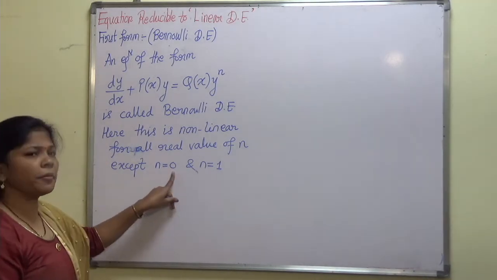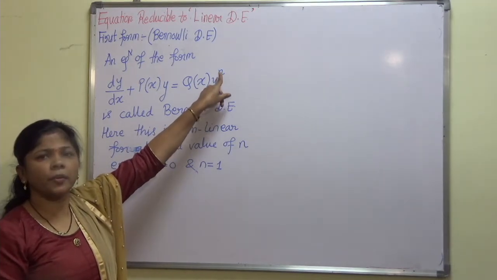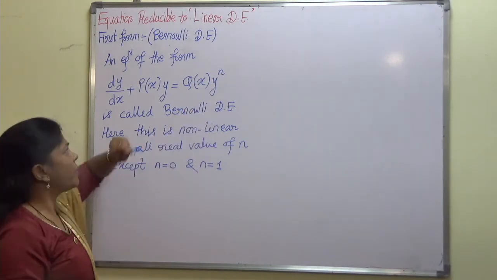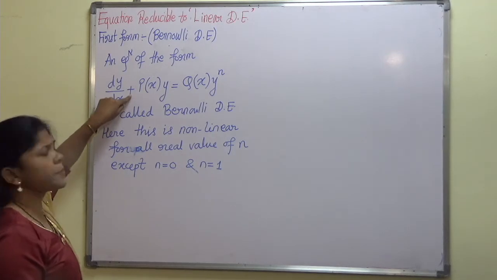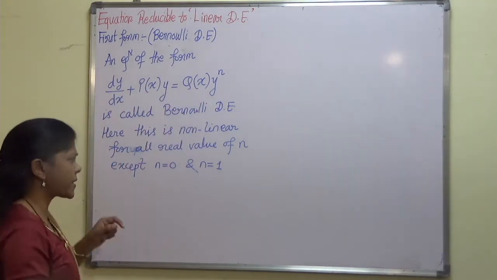So what will happen if n equal to 0? If I have n equal to 0, this will be y to the power 0, that is 1. So it will become the form dy by dx plus p of x into y is equal to q of x, right?